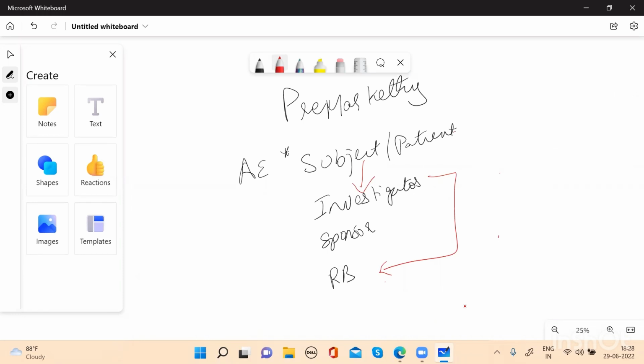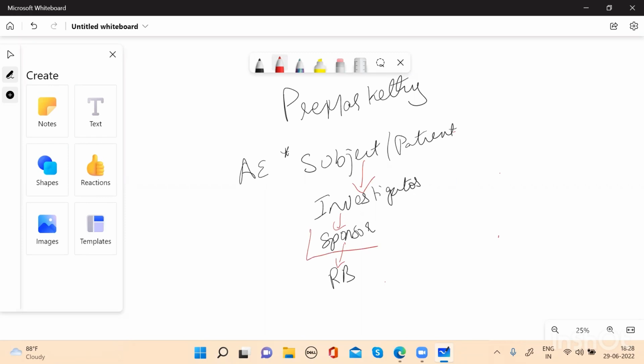So the investigator will report it to the sponsor, and the sponsor will report it to the regulatory body. Here the question comes: who is the party who works on pharmacovigilance?